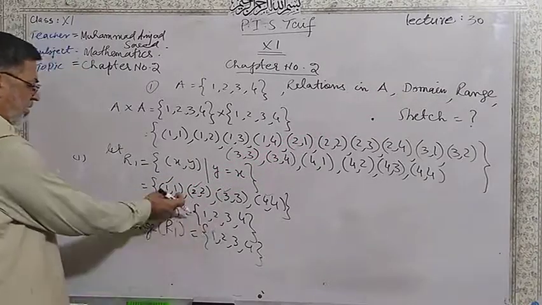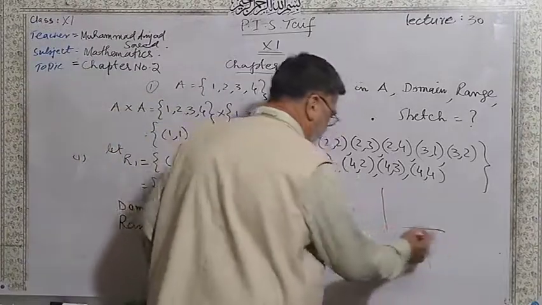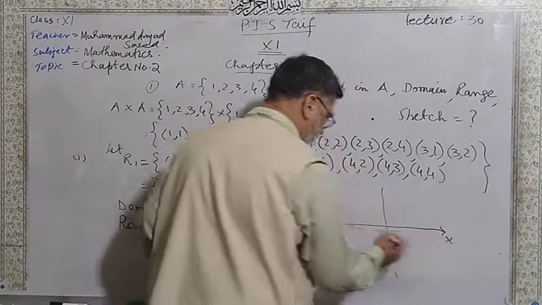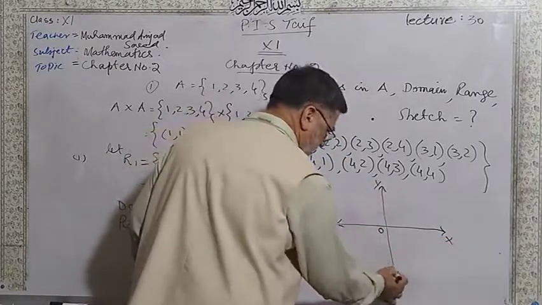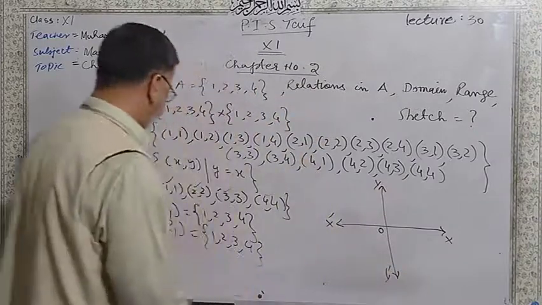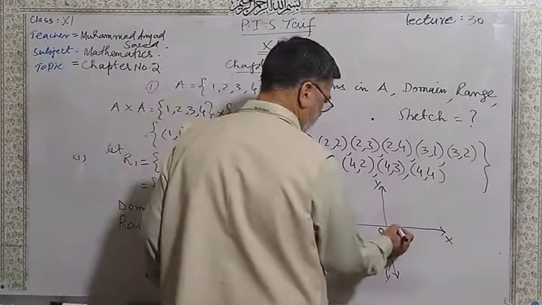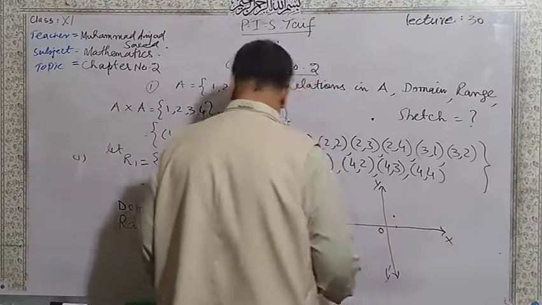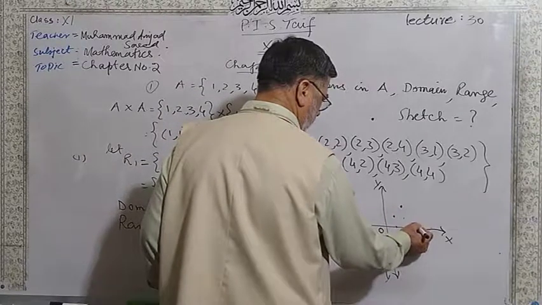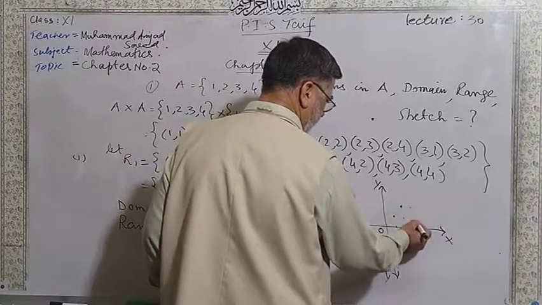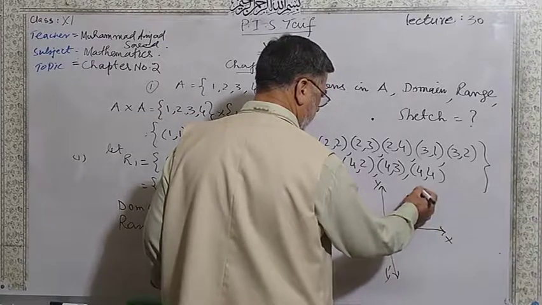We have to draw this R1 on x-axis and y-axis. This is the x-axis and this is the y-axis. R1 is 1, 1, then 2, 2, 3, 3, and 4, 4.